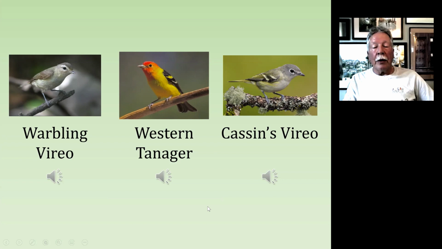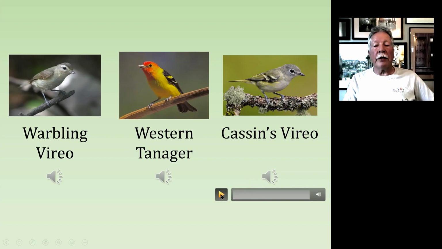And once again, you can find all these birds together. They're all up at higher elevation right now, especially if you get up into Ponderosa. You can get Western Tanagers and Cassin's Vireos in the same habitat, really in the same trees. And a good chance if you're camping up along the Payette River, up around McCall, anywhere up a little higher, especially this month and early in July, you can hear these birds together.